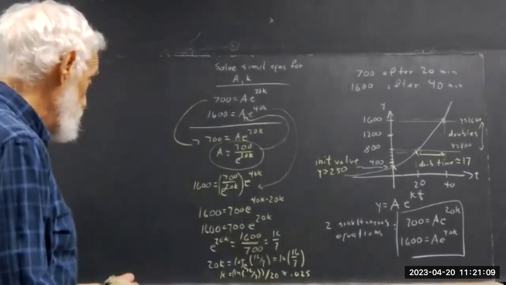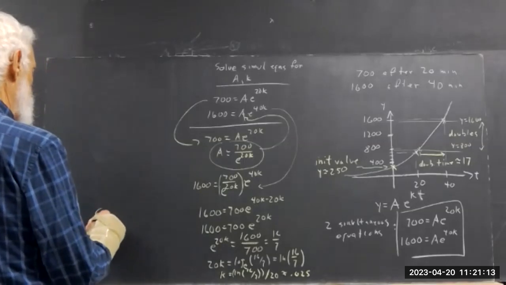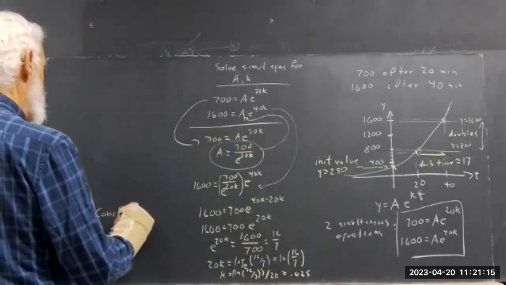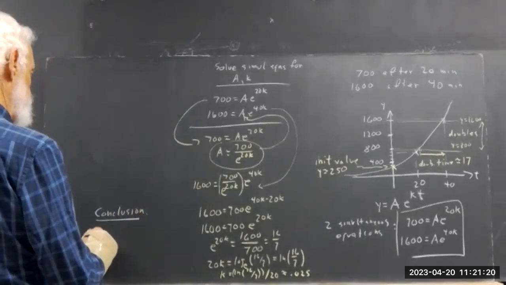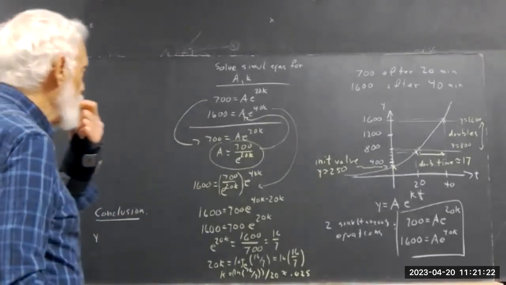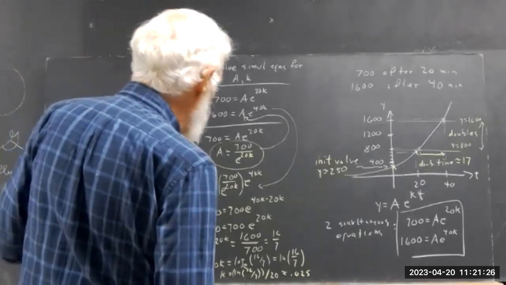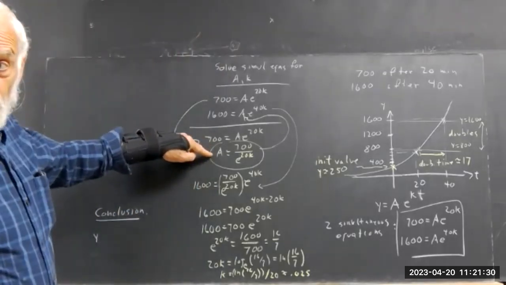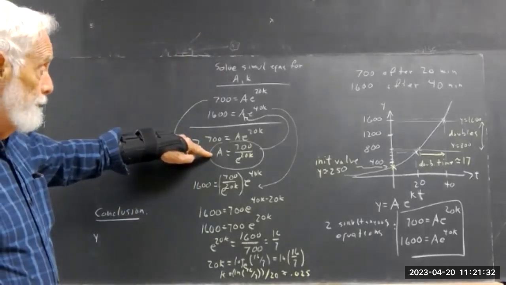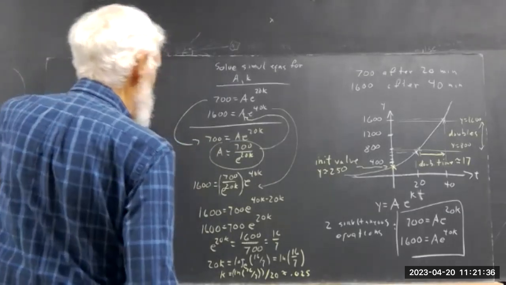Still, process is what it is. So our conclusion. Okay, well, wait a minute, I didn't go back and find a. Okay, so I've got to take this value of k and plug it in up here to find a. So I'll do that up here.